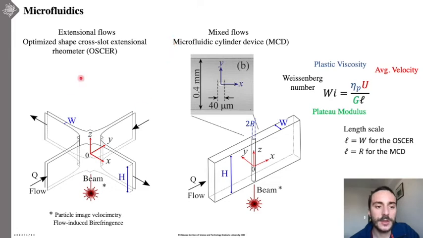And so this OSCER device is used to produce extensional flow. For the mixed flow condition, we use a microfluidic cylinder device that is a simple microfluidic device with a rectangular cross section that contains a little cylinder, and this cylinder will develop in the flow field some extensional component in the rear and the front pole of the cylinder, but also some strong shear component at the sides.